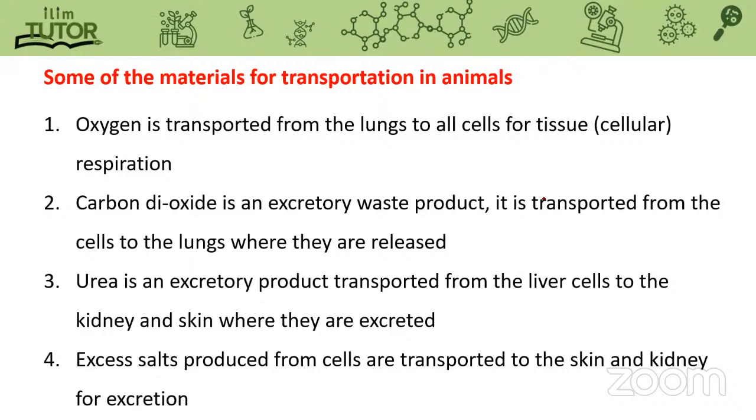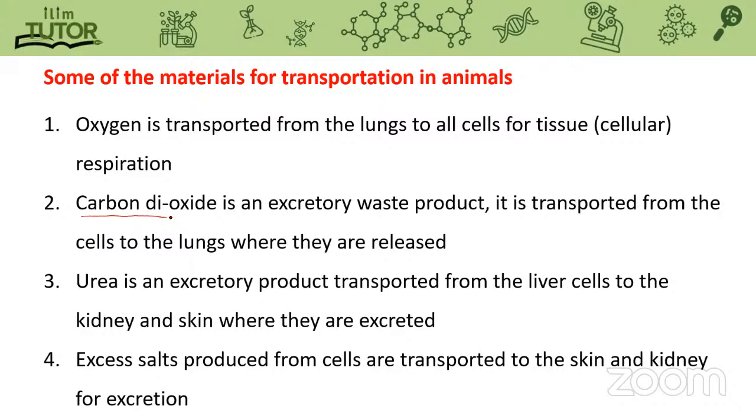This oxygen is transported with the help of red blood cells and is moved all over the body because all of our cells require oxygen to carry out aerobic respiration. And it is because of aerobic respiration that we are able to produce as much ATP as possible to direct cellular activities. Carbon dioxide is also another gas.